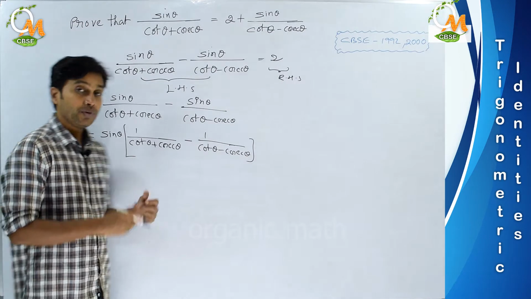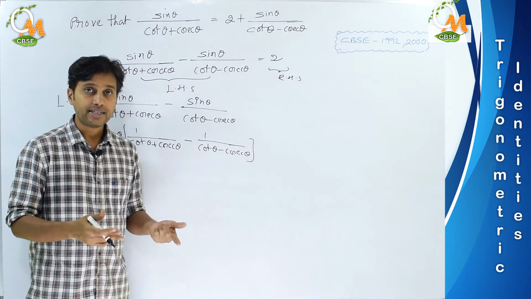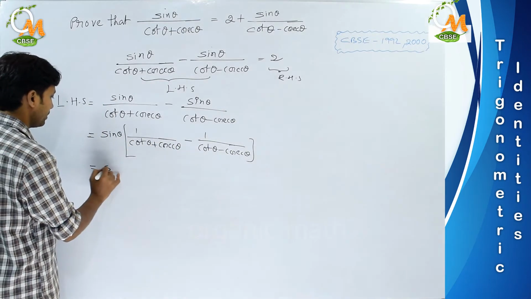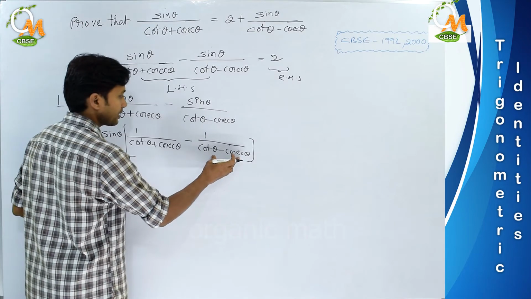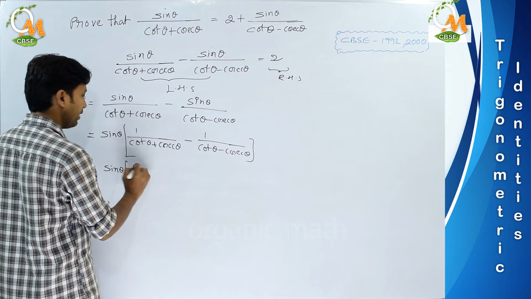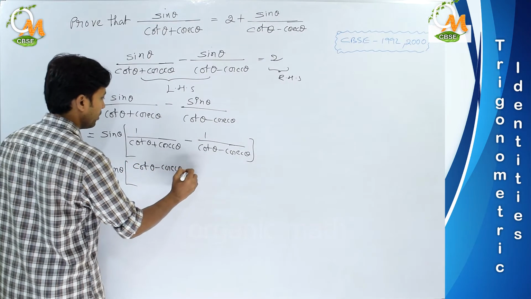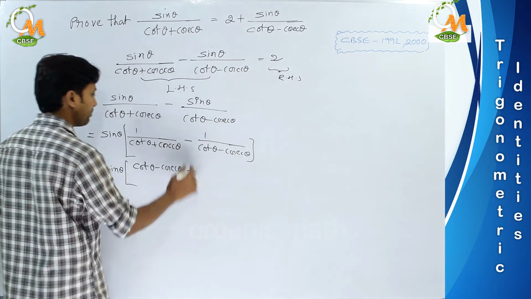If you want to simplify this expression inside the bracket, then you need to take the LCM. Sine theta into, cot theta minus cosecant theta would be multiplied with 1, then we get cot theta minus cosecant theta, minus of, here cot theta plus cosecant theta should be multiplied with 1.